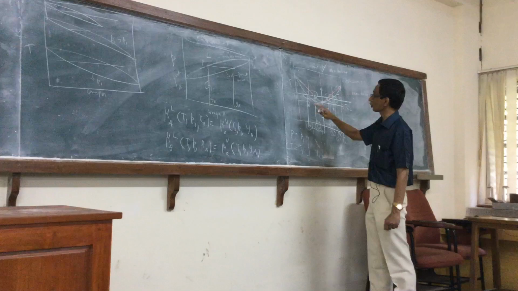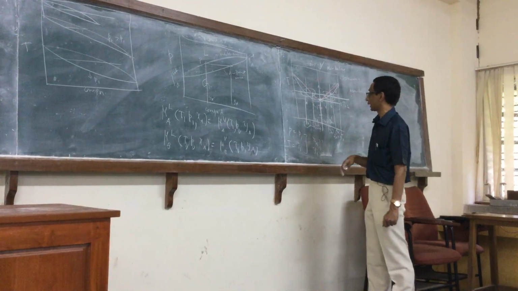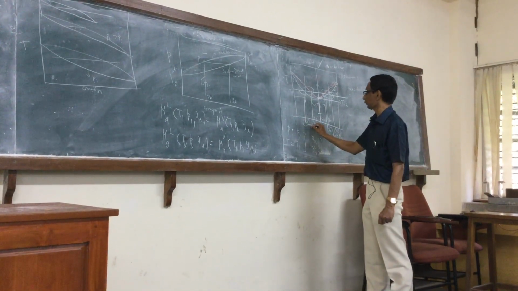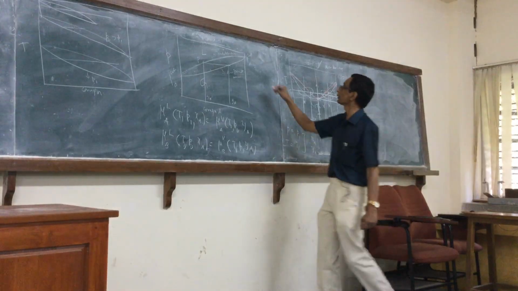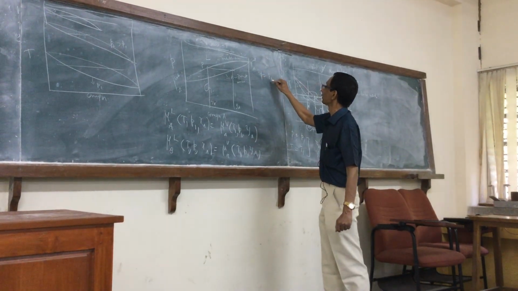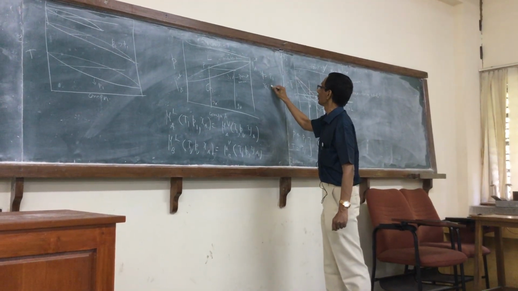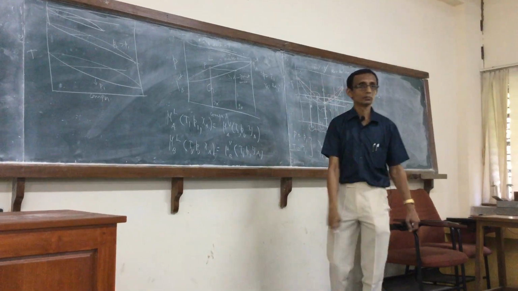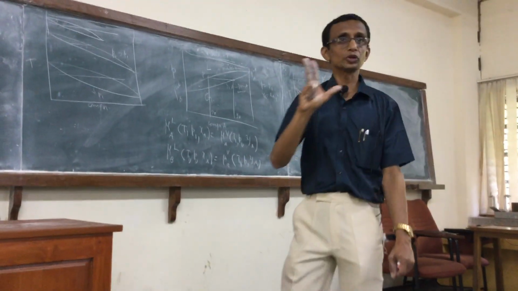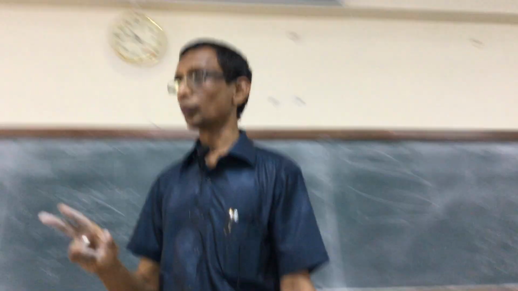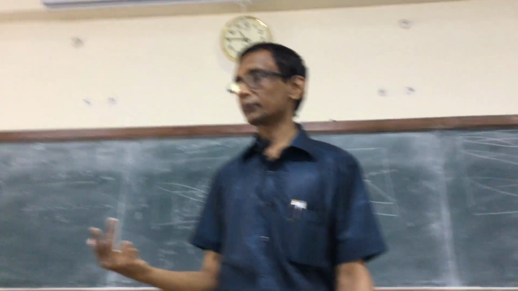What I also want to point out, on the other hand, I call this XA1. Suppose my choice is now P equal to P1 and XA equal to XA1. I am still choosing 2 variables. Degree of freedom is 2. Suppose I make this choice.